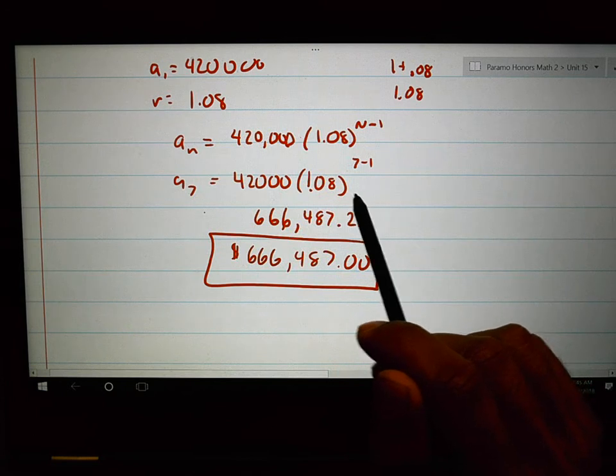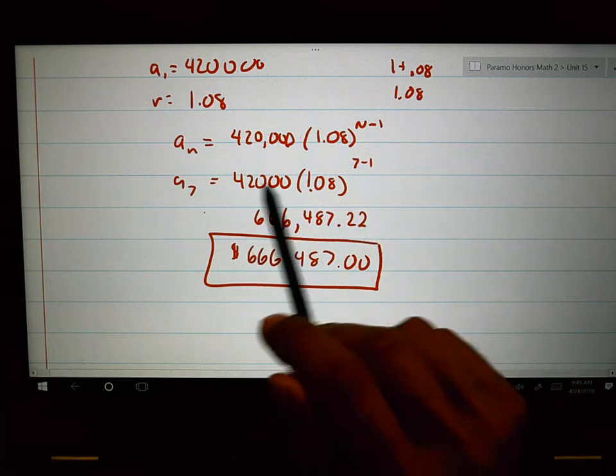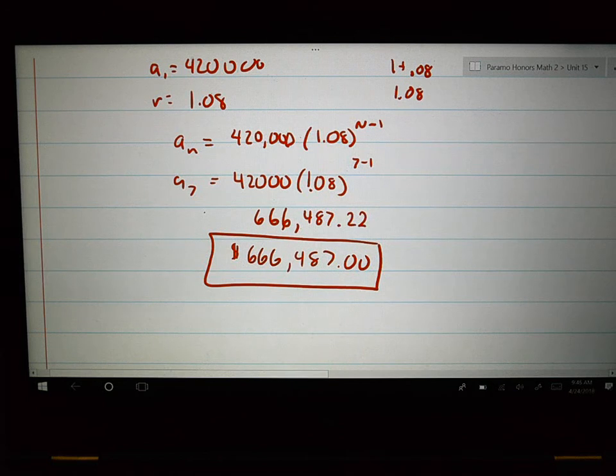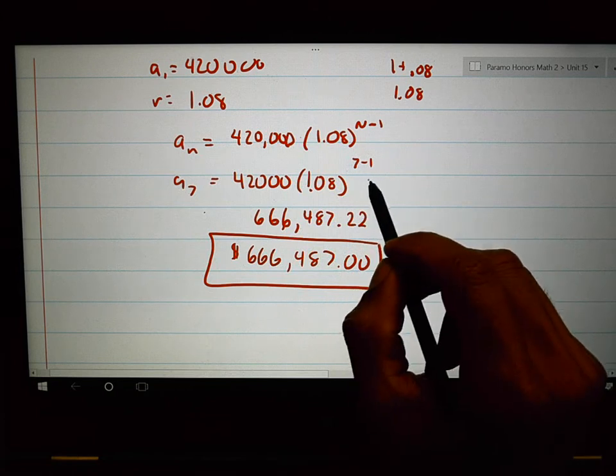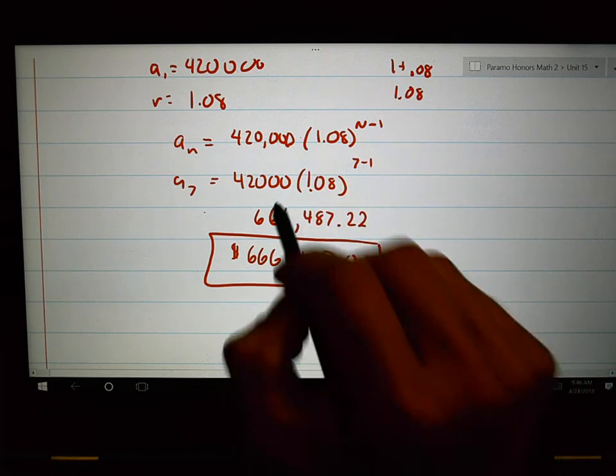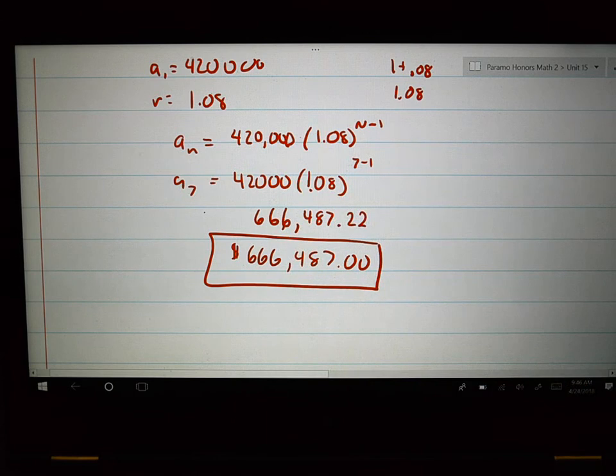So keep in mind, if your house is worth $420,000 someday, or if you live in a house around here, the median is like $500,000, and you have a 30-year loan, that house will cost you somewhere in the neighborhood of $900,000. You pay $400,000 in interest for a 30-year loan.